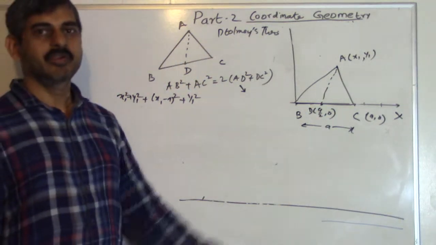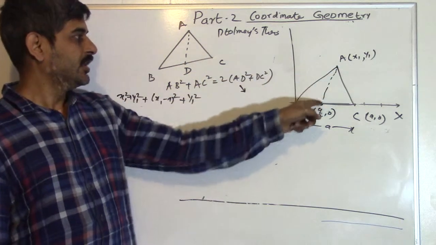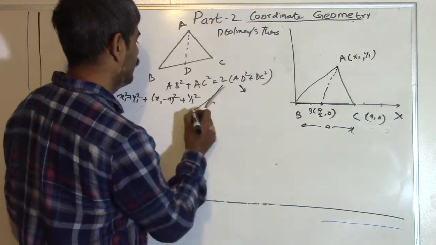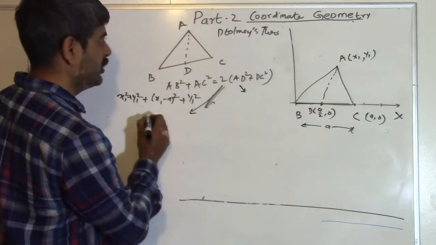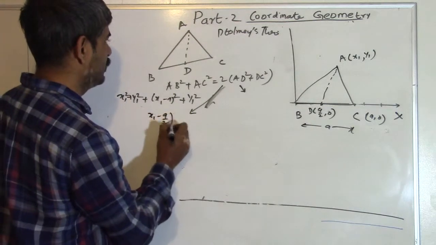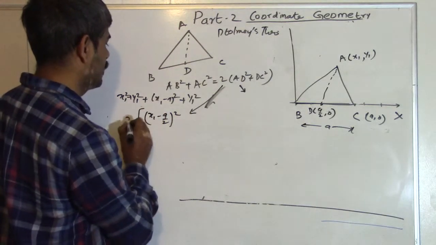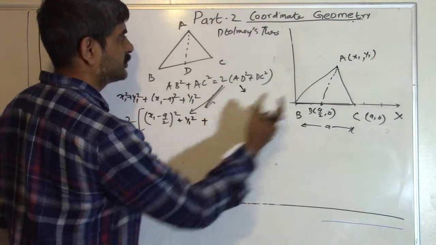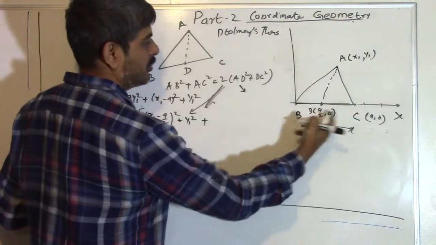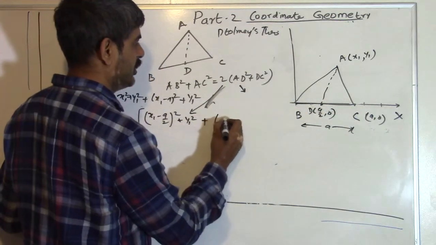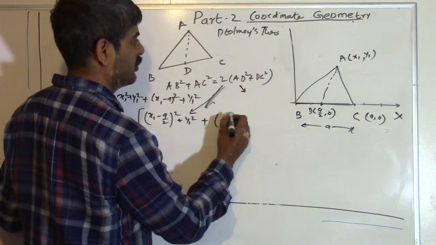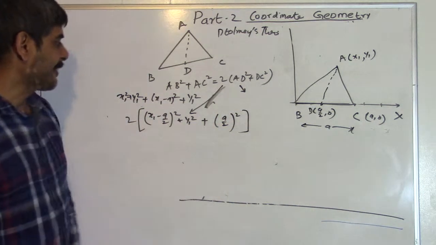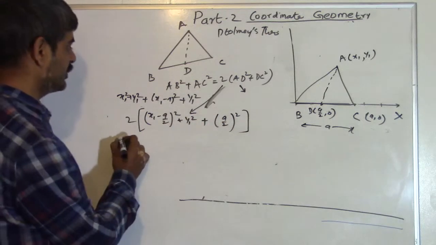And now with this given, we can find out AD. AD square is going to be x1 minus a by 2 whole square plus y1 square, and DC square is a minus a by 2, which is a by 2, whole square. We can simplify these things a little bit.